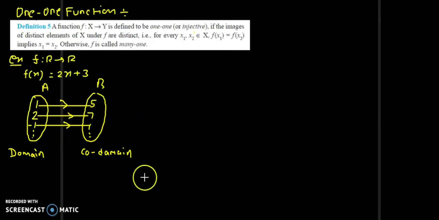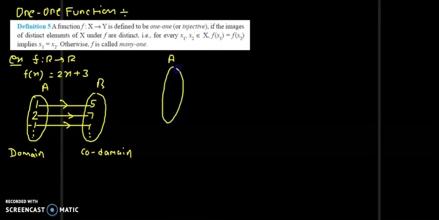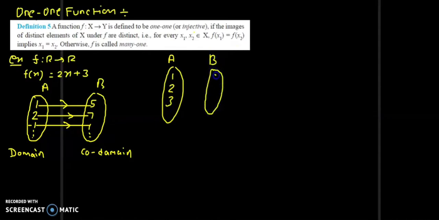Okay, so for example, we'll write a few more examples. Suppose set A you have 1, 2, 3. Set B you have a, b, c. So 1 is related to a, 2 is related to b, 3 is related to c.